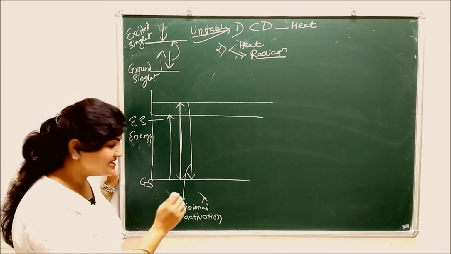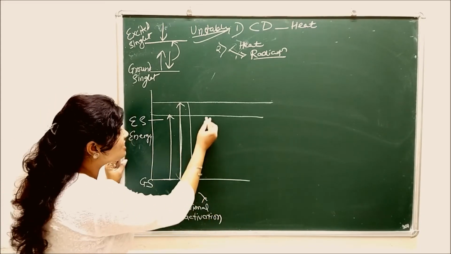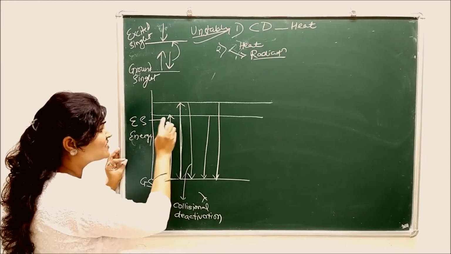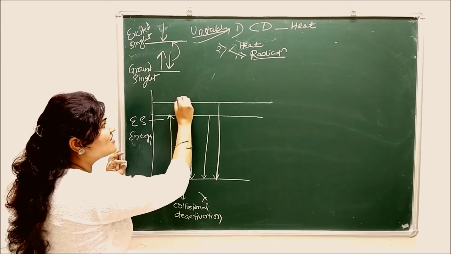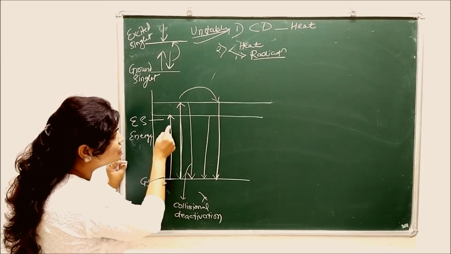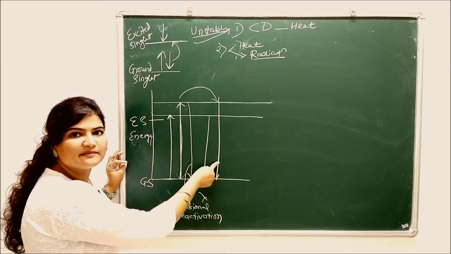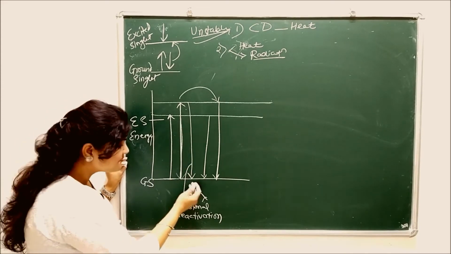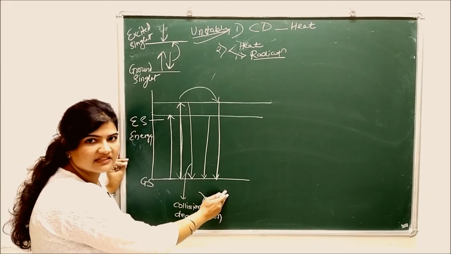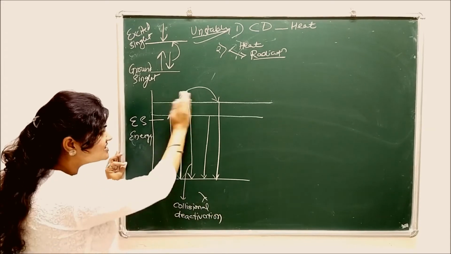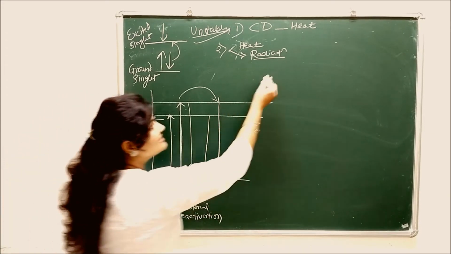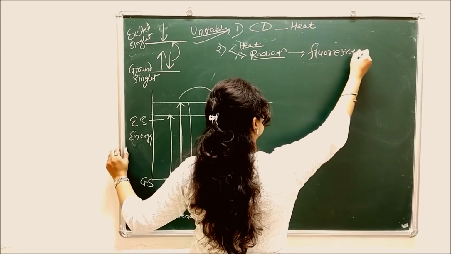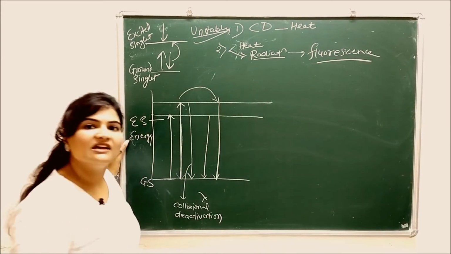Why? Because it is at a higher wavelength. So it will look like the mirror image of the absorption spectra. This is your absorption spectra and this is your emission spectra. If this has happened, this is nothing but your fluorescence.